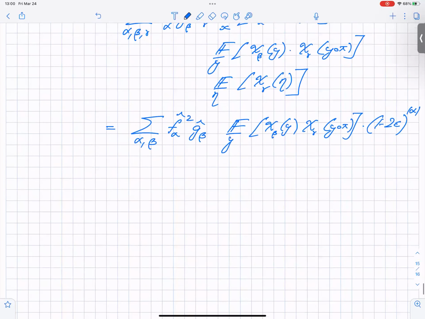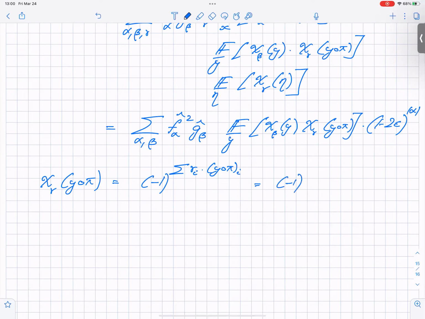Let's look at what chi gamma of y of pi is. By definition it is minus 1 to the power summation of gamma I times y of pi I. How do I write this as a function?